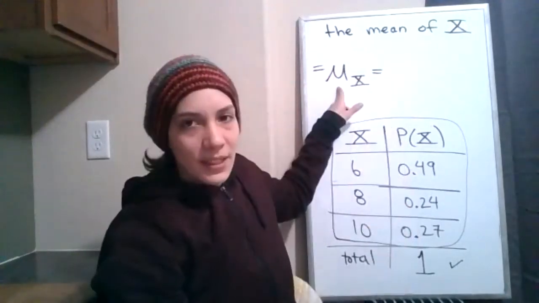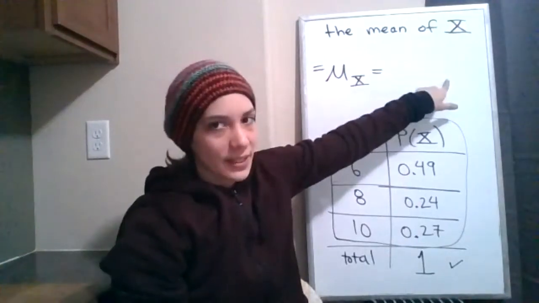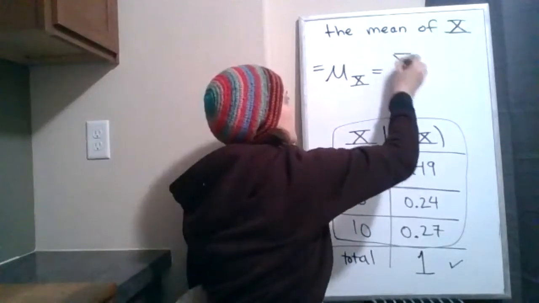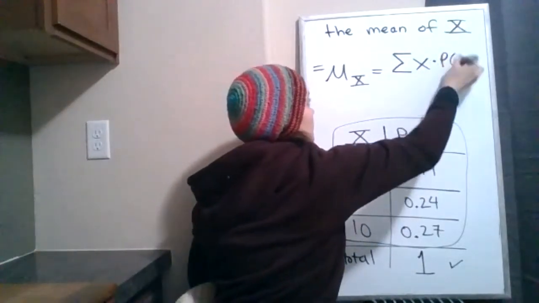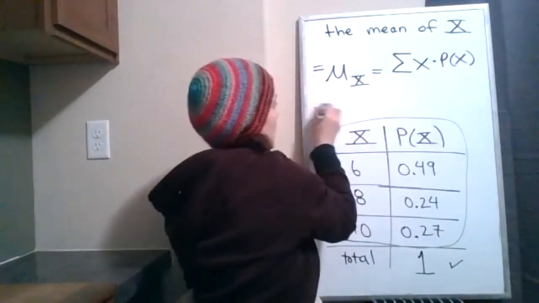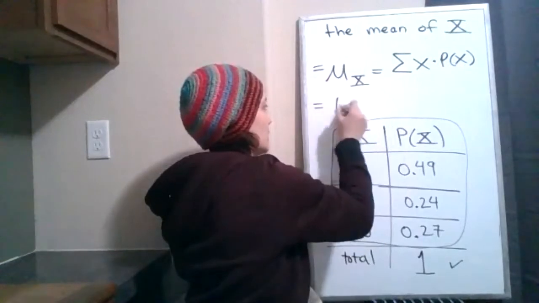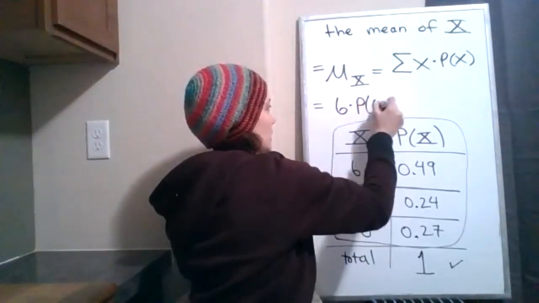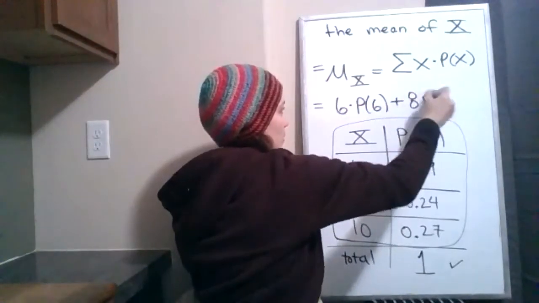Okay, mean for x is the sum of x times p of x. This time x is 6 and 8 and 10. So 6 is x, plus 8 over 8.